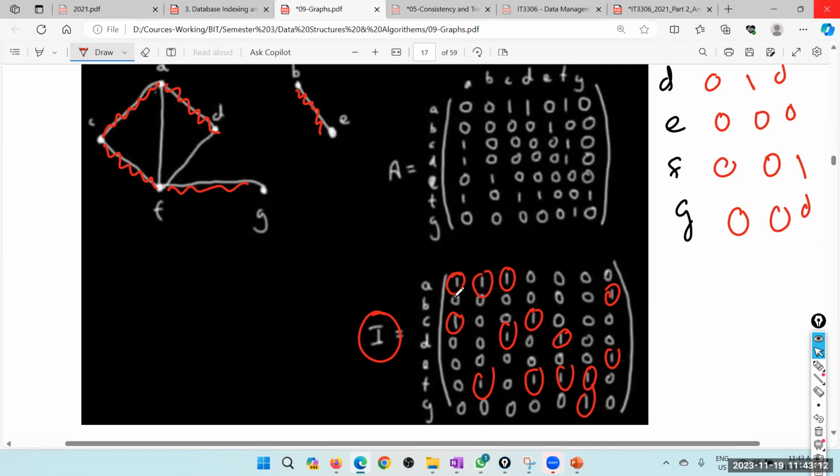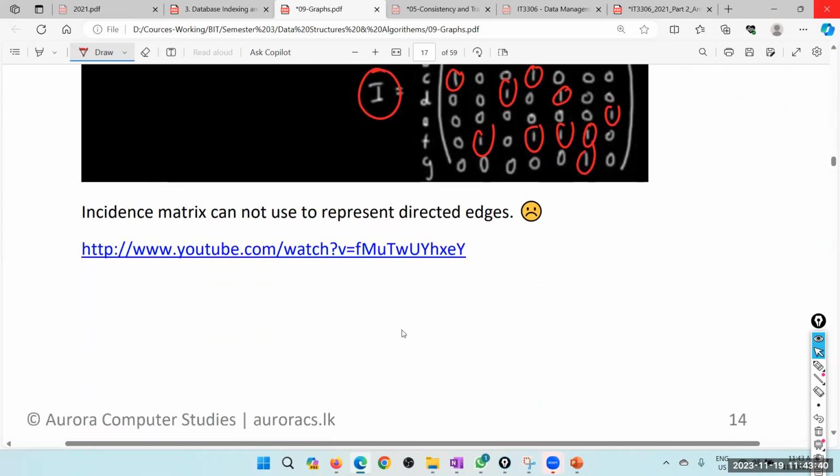You can't distinguish between AC and CA by looking at a column. So therefore, this approach works for unidirectional or bidirectional graphs. Okay. And this incidence matrix can be used to extend a few more concepts. Okay.